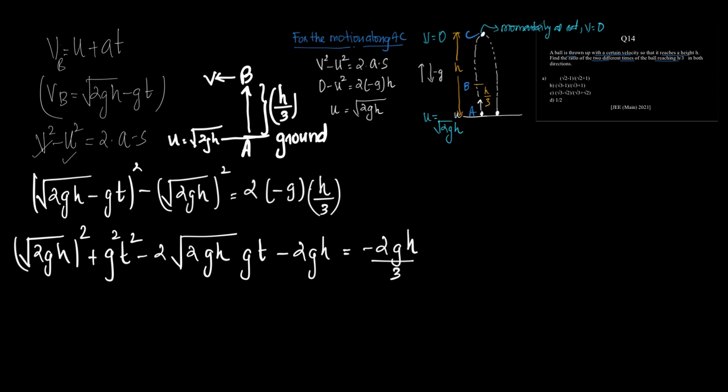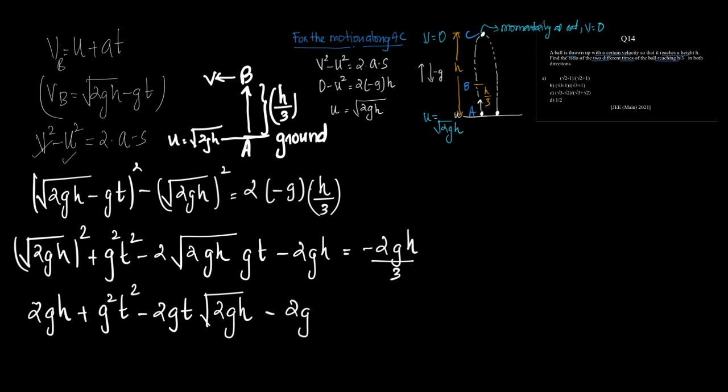So root of 2gh the whole square is 2gh. It is 2gh plus g square t square minus 2gt into root of 2gh minus 2gh is equal to minus 2gh by 3. Now 2gh and minus 2gh is 0.